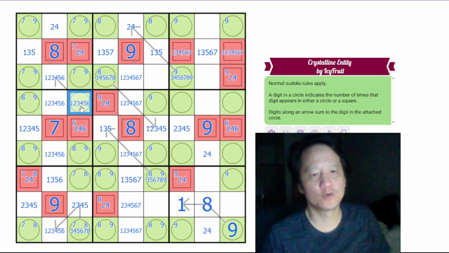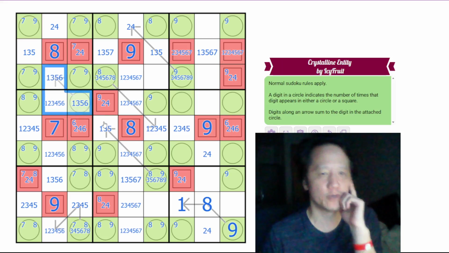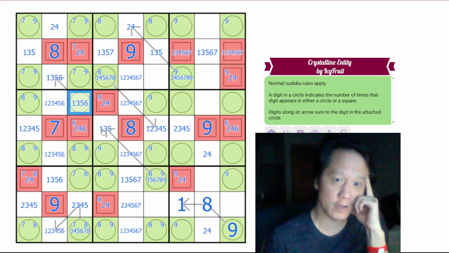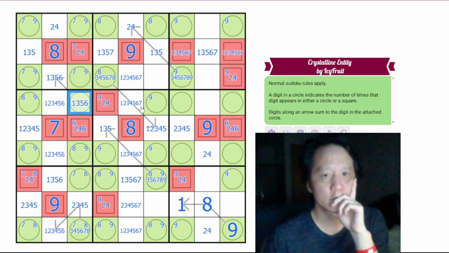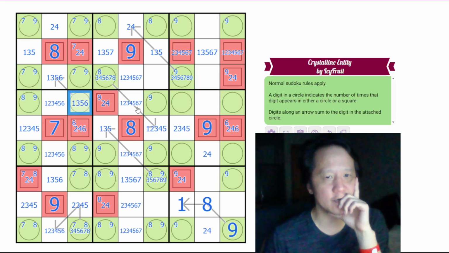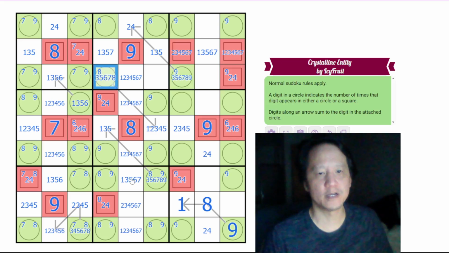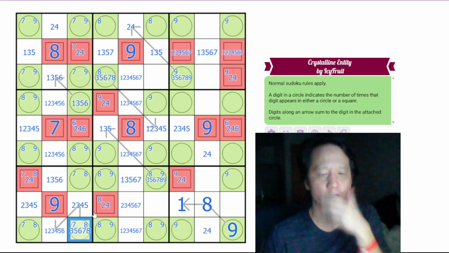Okay, yeah. 2, 4 cannot be in the circle, so this could be 1, 3, 5, 6. That's fine. So far, this is looking fine. This obviously can't be 4. 4 cannot be in circles at all.